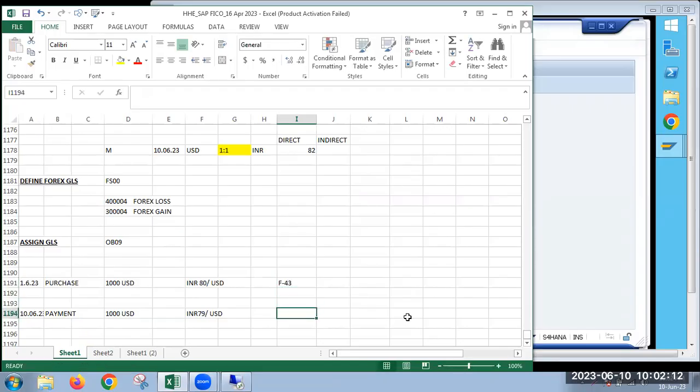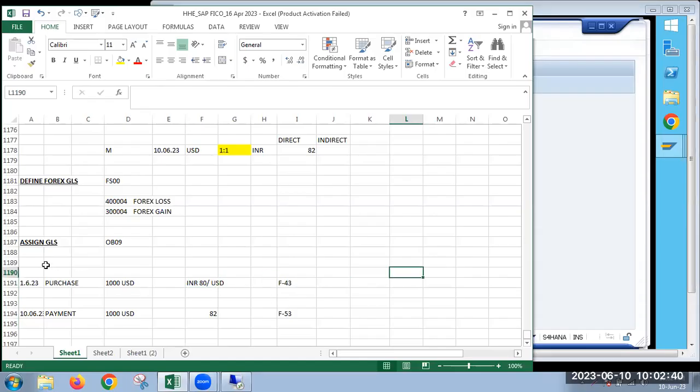What is the t-code for vendor payment? F-53. Okay. So today's day rate is 82. Let's go for a transaction with 80 and 82. So here, what are we going to get, forex loss or forex gain? Loss. We are paying 2,000 extra, right?